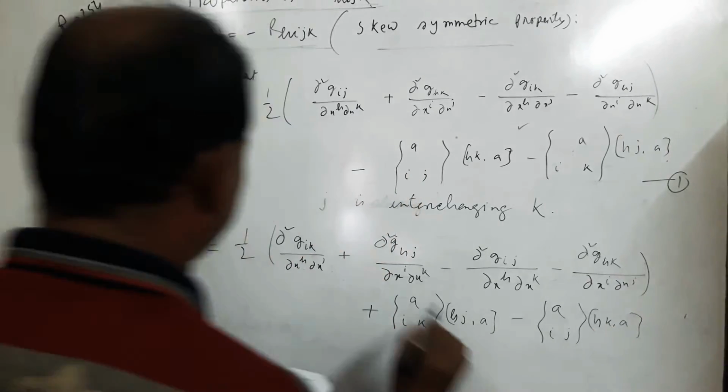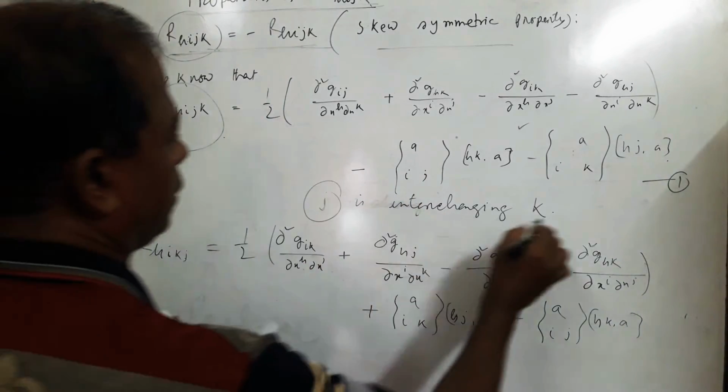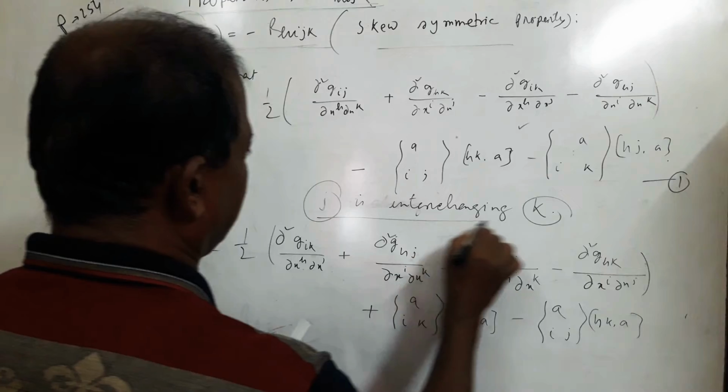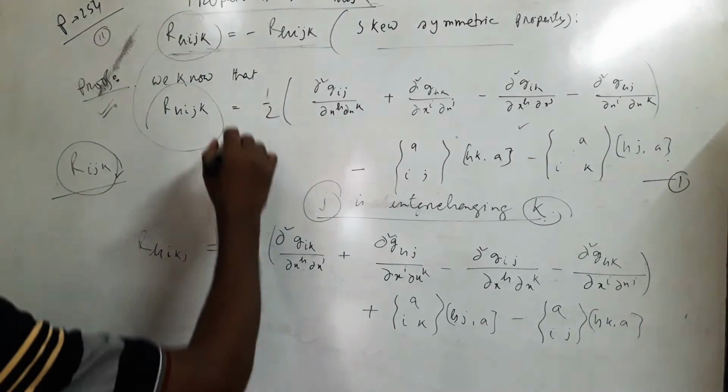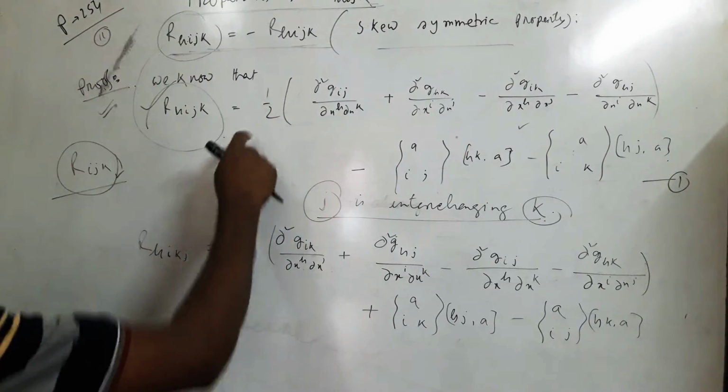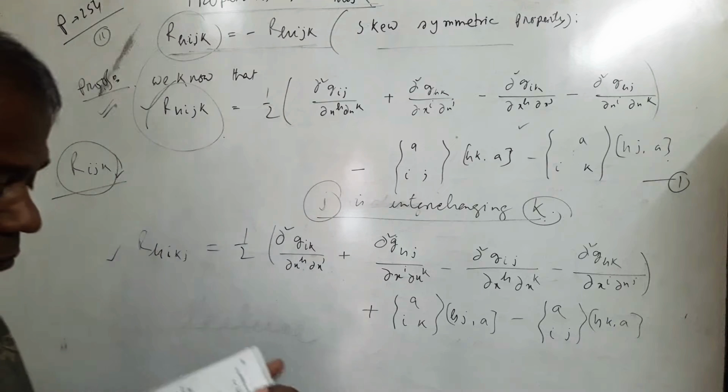Clear? Just J is K, J replacing K. This is the formula and the replacing formula.